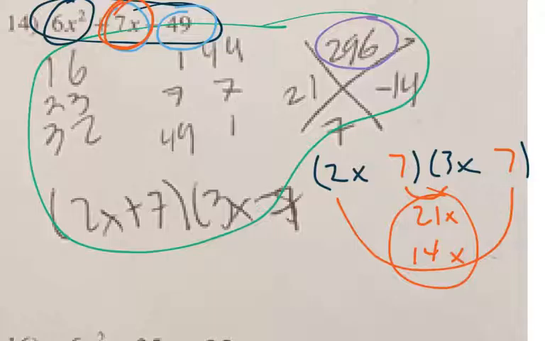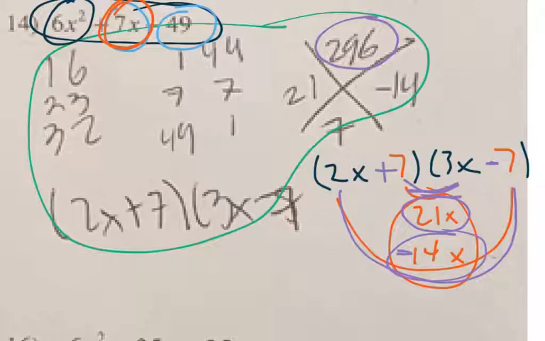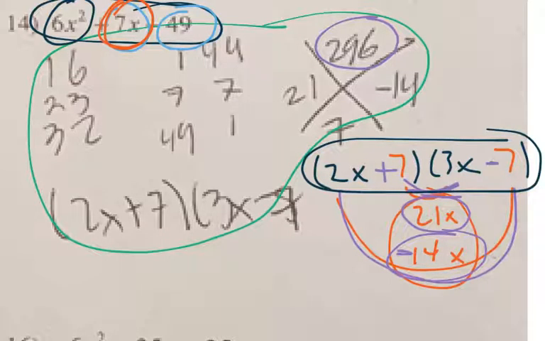And the answer is yes. All I need to do is take 21 and minus the 14, right? So I'm just going to do a plus here so that the 7 times the 3 is my 21, and then a minus here will take the negative 7 times 2 and give me my negative 14. And so notice, guys, here is my result.